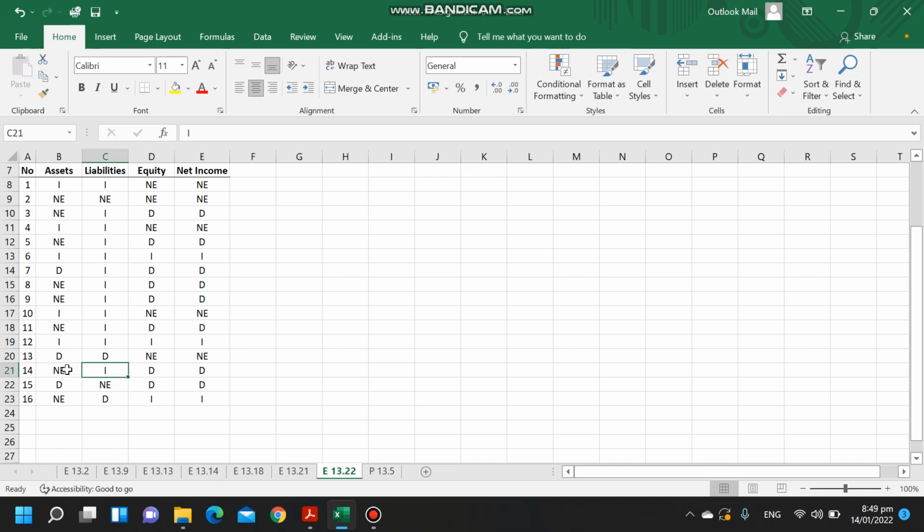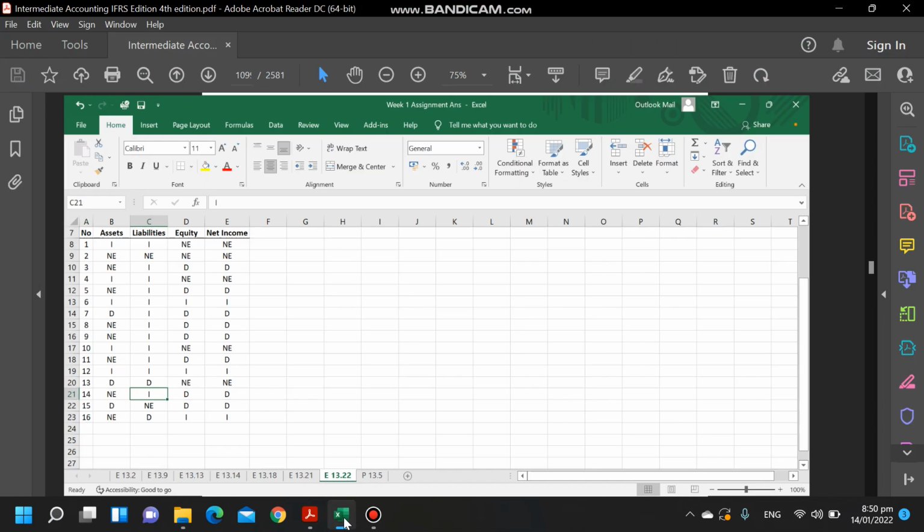So there will be no effect on the asset. Because it will be an expense, the net income will be decreased and also the equity, and there's a liability because of the lawsuit.